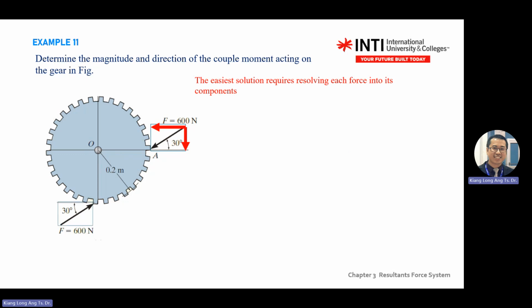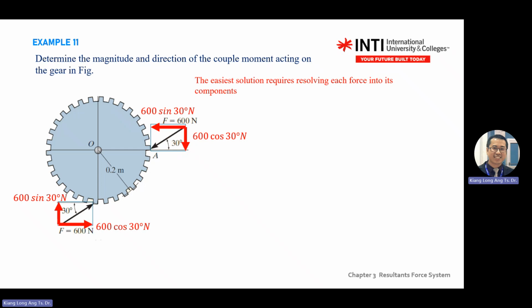I believe you already know how to split. If you're still weak in this one, please go and do homework. So I hope you can see that from the four forces, you can summarize into two couple forces or two couple moments, and both at a single point here.